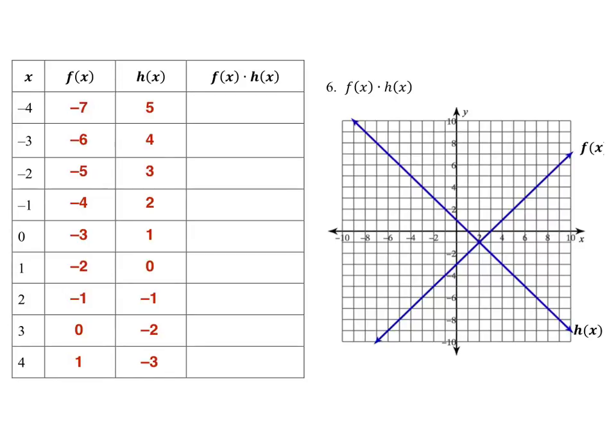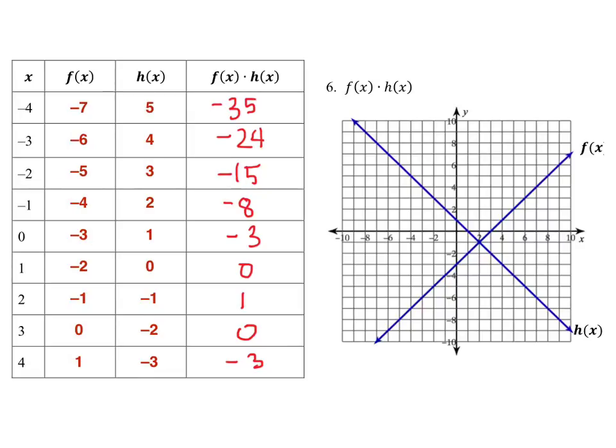Same thing on number 6. I'm going to multiply straight across. Get a negative 35, negative 24, negative 15, negative 8, negative 3, 0, 1, 0, negative 3. So the first point that actually fits on my graph is x equals negative 1.